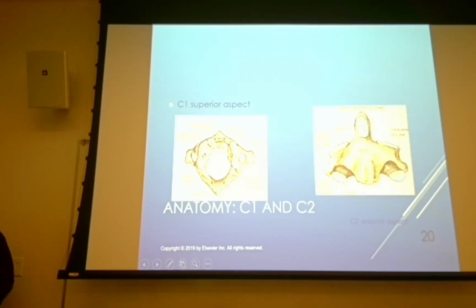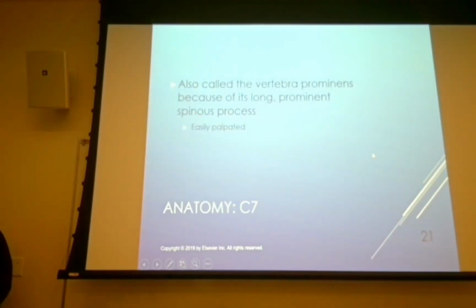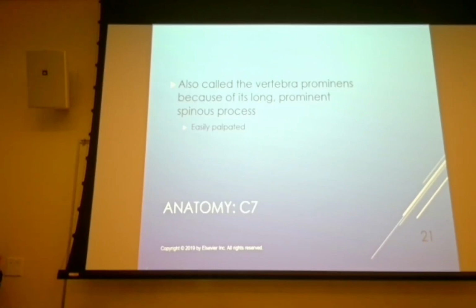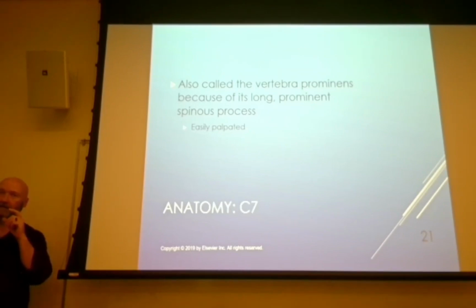The odontoid process has a massive body, and it's got this big, they say, tooth-like projection off the top of it, and that is your dens or your odontoid process. The rest of them, all the way down to C7, are really pretty typical, and the only difference between them is each one is smaller than the one directly below it.